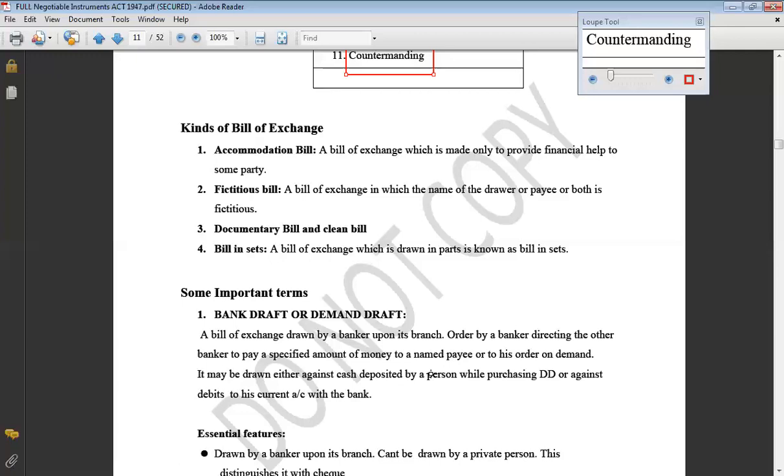But in case he gets all 3 together, then only one will be valid. He has to accept only one. If by mistake he accepts all 3 copies, then all 3 become separate independent bills of exchange, and he will have to make payment on all 3 bills. So this kind of caution they have to take. So these are different kinds of bill of exchange.